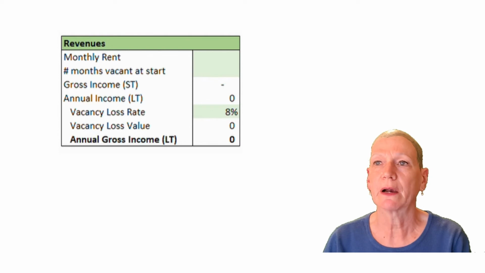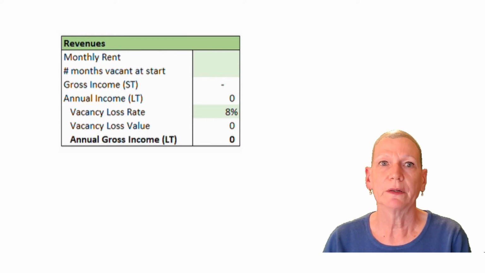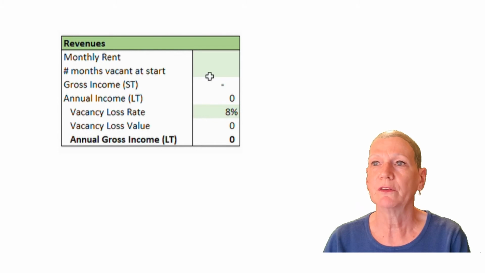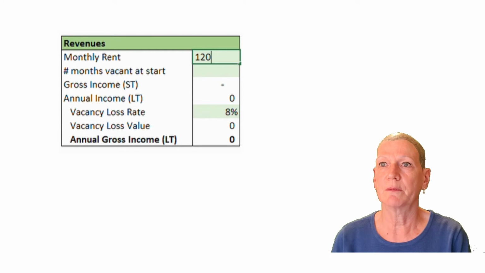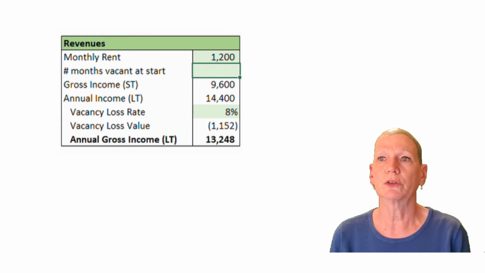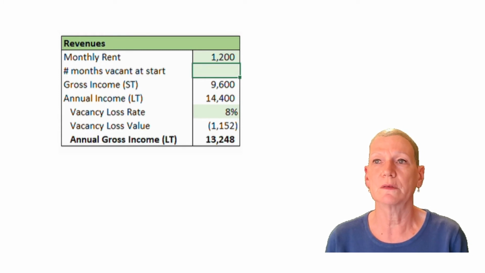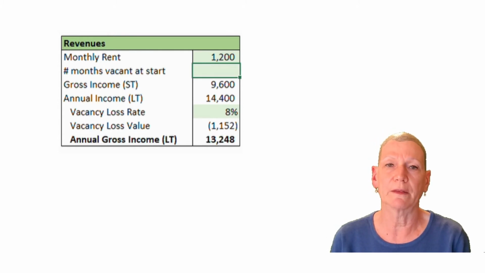Now we want to look at our income. So based on your analysis of the area, the comparable rents in the area, you've determined that the monthly rent is $1,200. That's the amount that you feel you'll be able to get for this property. And the other thing you want to consider, especially when you're looking at what is going to happen during these first few months of your project, is how many months is this property going to be vacant at the beginning?